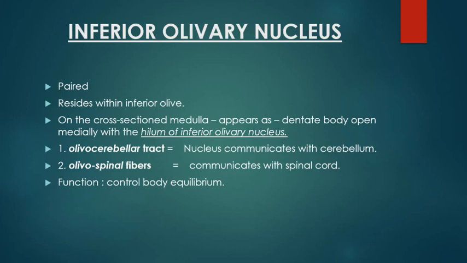It contains two tracts or fibers, olivocerebellar tract and olivospinal fibers. The olivocerebellar tract means the inferior olivary nucleus communicates with the cerebellum. Olivospinal fibers communicate with the spinal cord, and the function is to control the body's equilibrium.